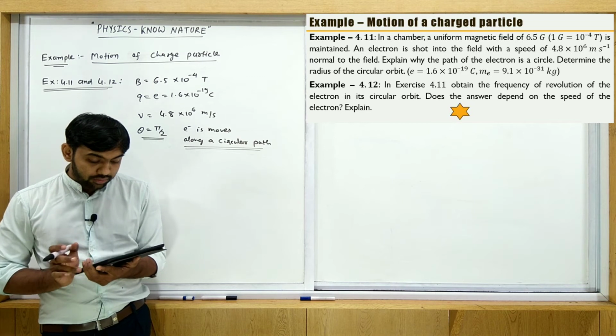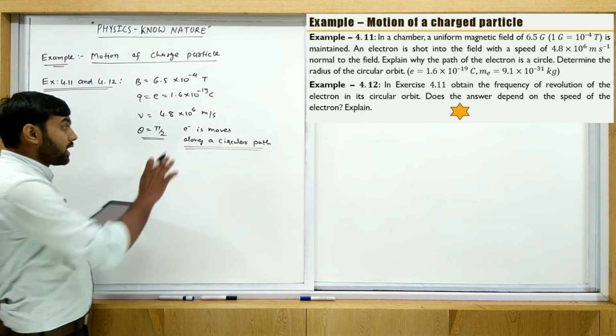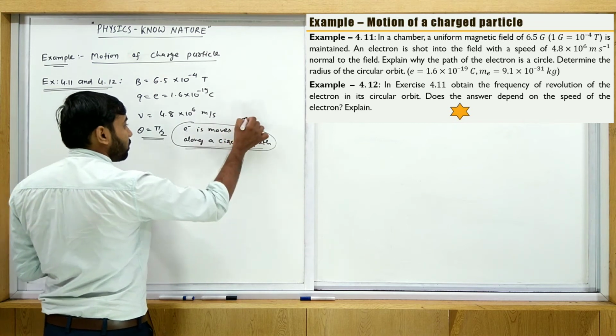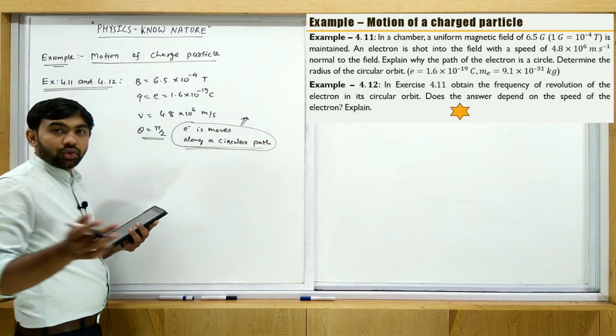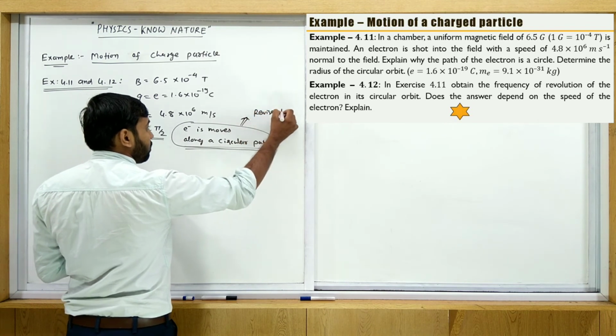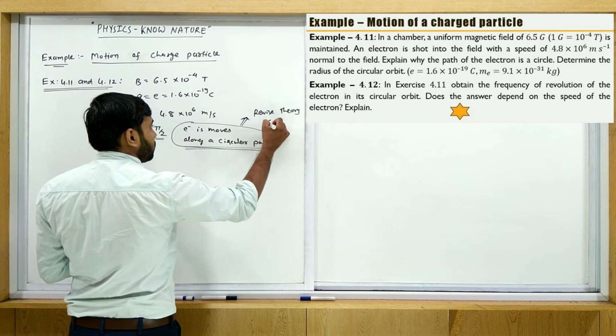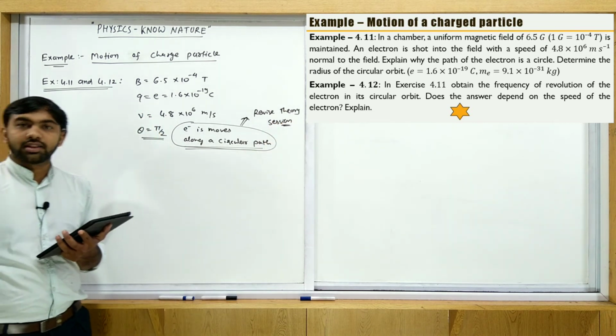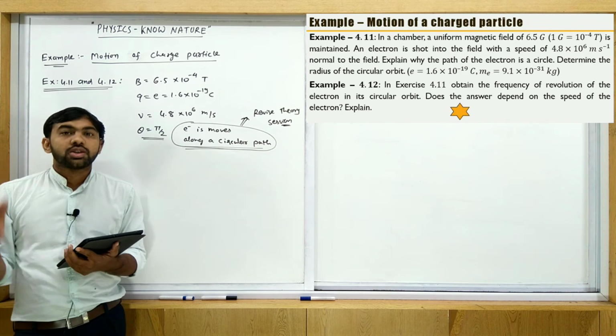Explain why the path of the electron is a circle. We already discussed this in a theory session, so right now we will not discuss it. For why it moves along a circular path, you just revise the theory session.